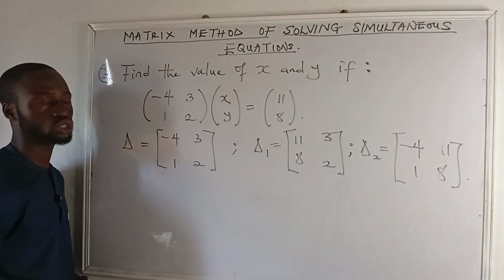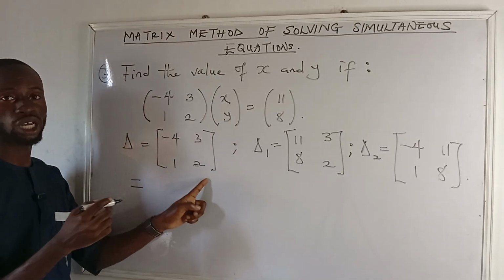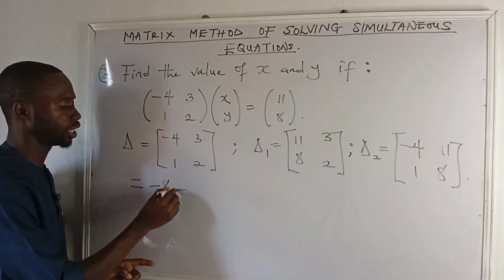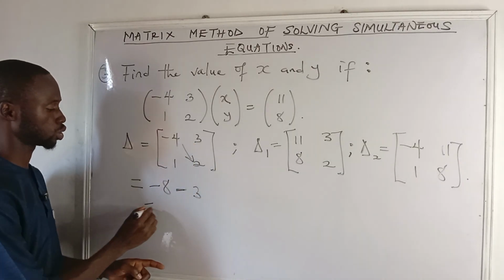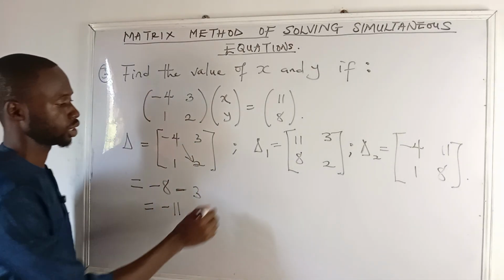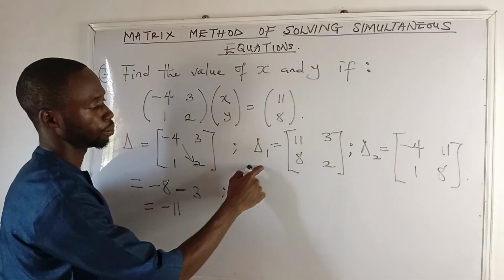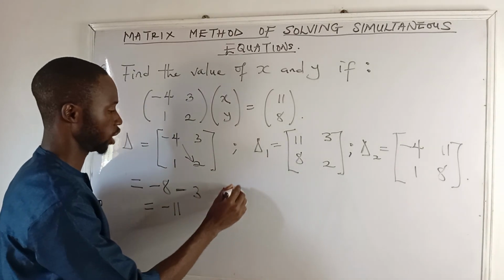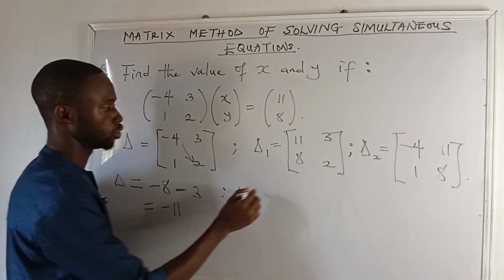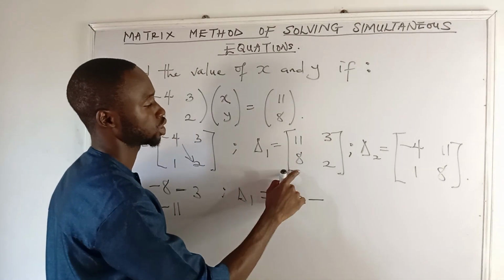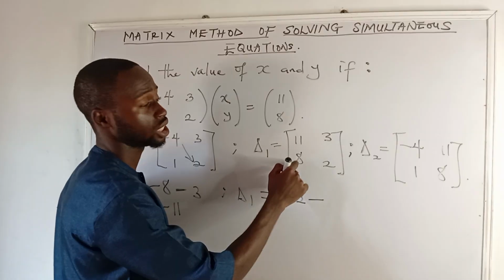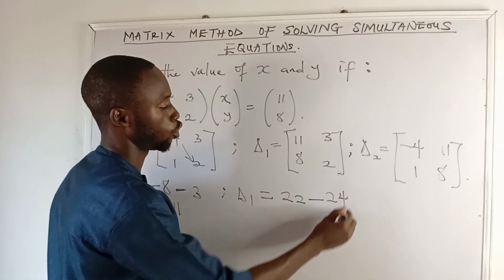So the determinant of this should give me minus 4 times 2 is minus 8, minus 1 times 3 is what? 3. So what I would have here is what? Minus 11. Then on this end, I'm asked to find the determinant of this. What would I have? Delta 1 will be equal to 11 times 2 is what? 22 minus 3 times 8, 24.